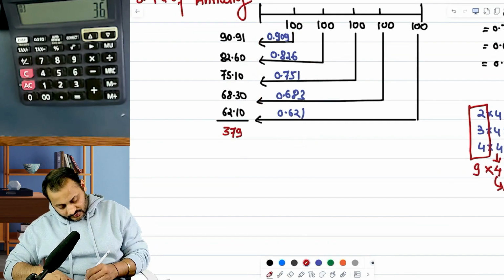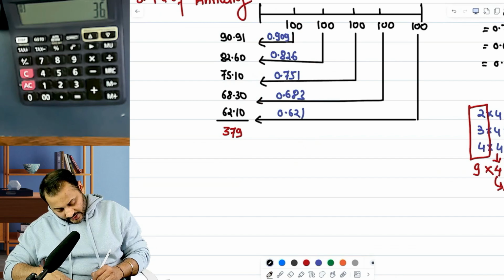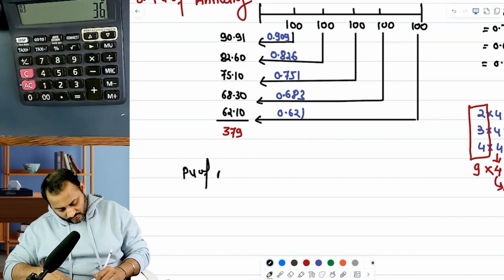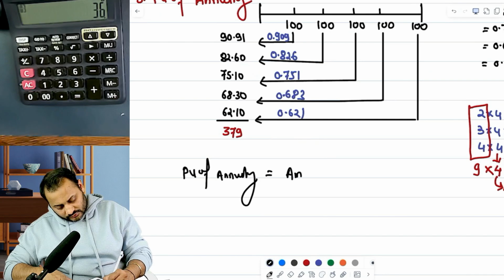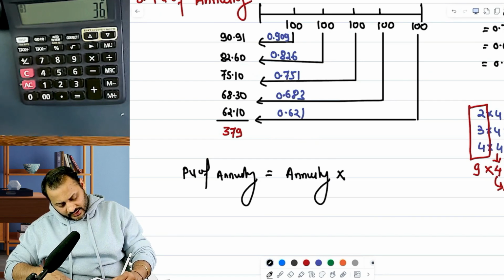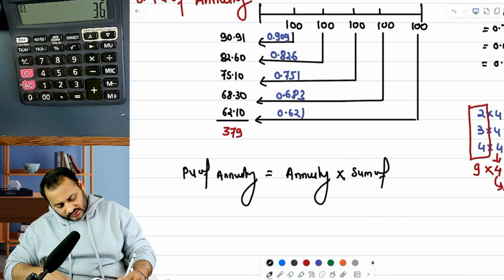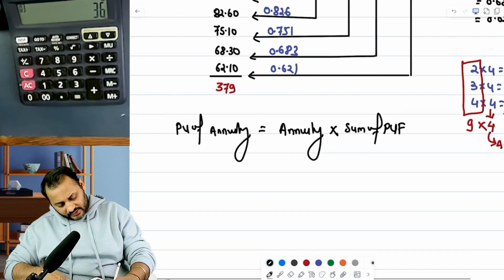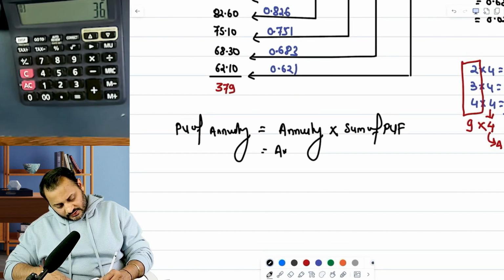So we will find out present value of annuity is equal to, first of all I will write annuity multiplied by the sum of all the present value factors, that means annuity multiplied by present value annuity factor.